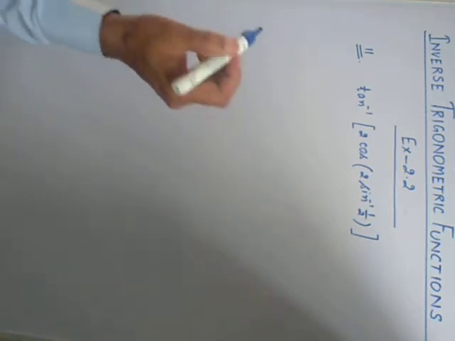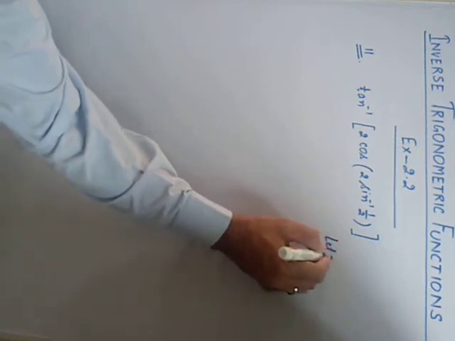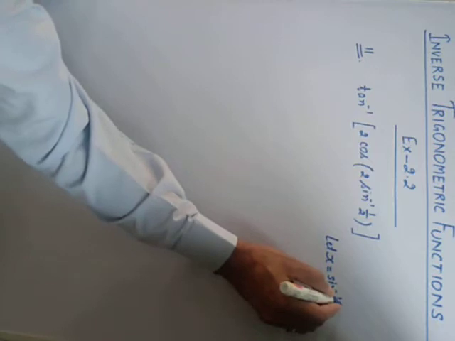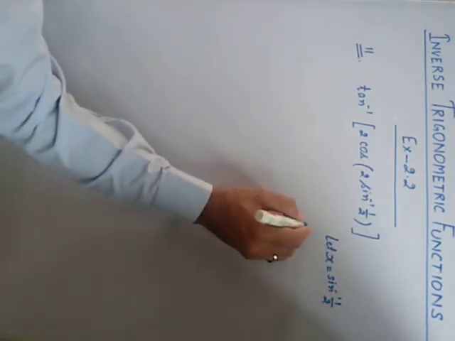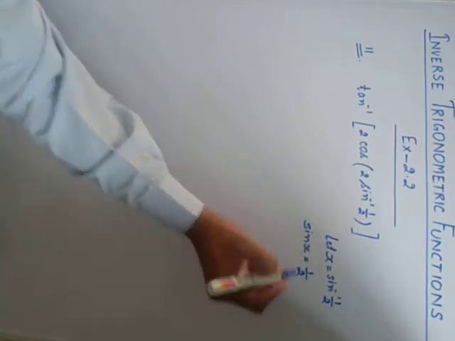So question number 11 is we have to find the value of tan inverse 2 cos 2 sin inverse 1 by 2. Now for this we will assume that let x equals sin inverse 1 by 2, which means sin x equals 1 by 2.